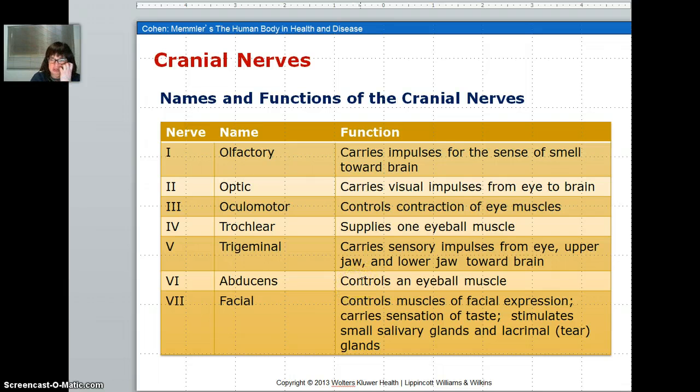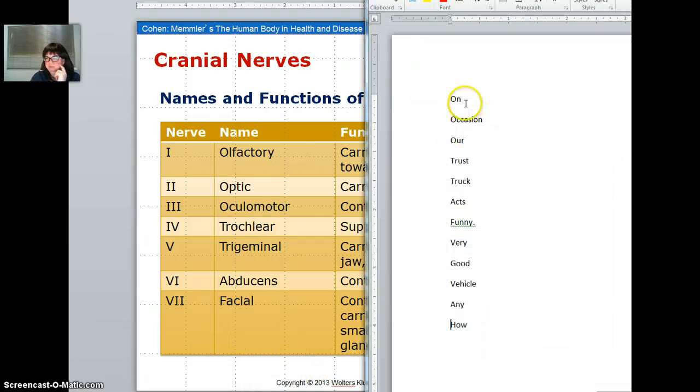Abducens controls the eyeball muscle. So you see that there are actually 3 different nerves that control the eyeball movement. Then you have facial, which controls facial expressions, taste, salivary glands. So, olfactory, optic, oculomotor, trochlear, trigeminal, abducens, and then facial.